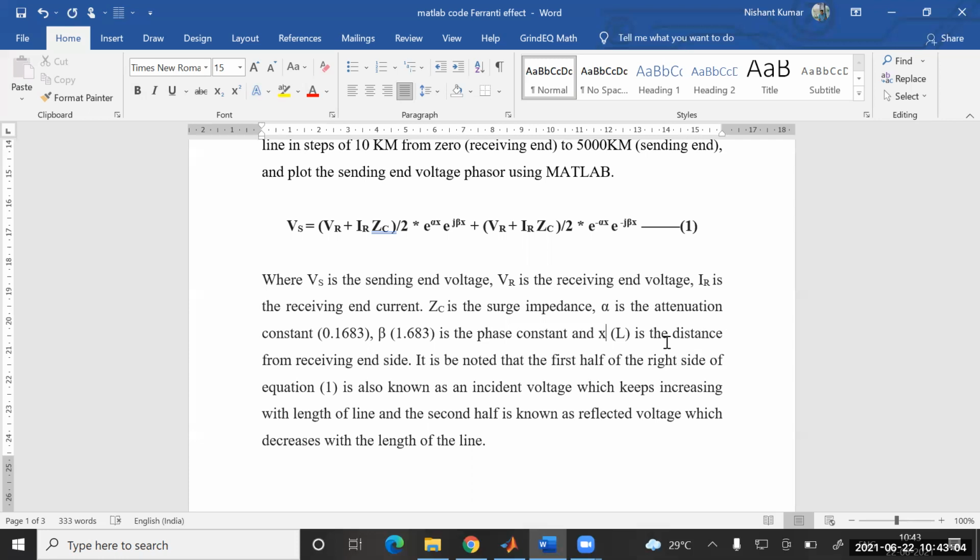Now, it is noted that the first half of the right side of equation 1 is also known as the incident voltage, which keeps increasing with the length of the line, and the second half is known as the reflected voltage, decreasing with the length of the line.